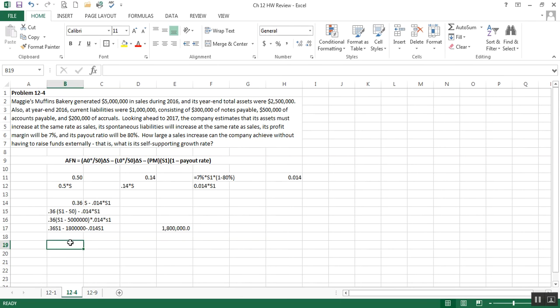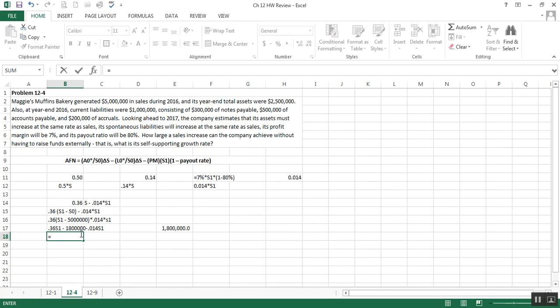And then we take the 1.8 million divided by the 0.34. Whoops, sorry about that. Okay, let's calculate what we're going to divide this by.